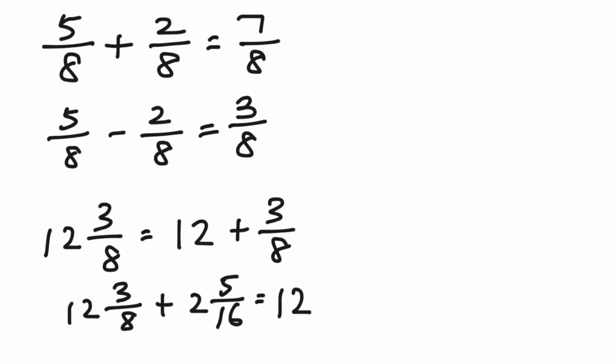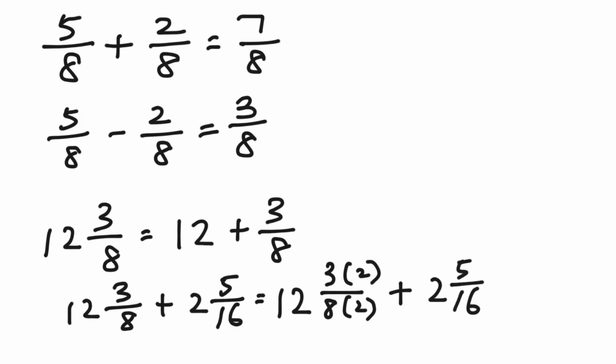We would take first the denominator, times that by 2, and the numerator times that by 2. We want to make sure that when you times the denominator, the numerator is also timesed by the same number. And then we plus 2, and we leave this the same because the bottom's already 16 in this case.